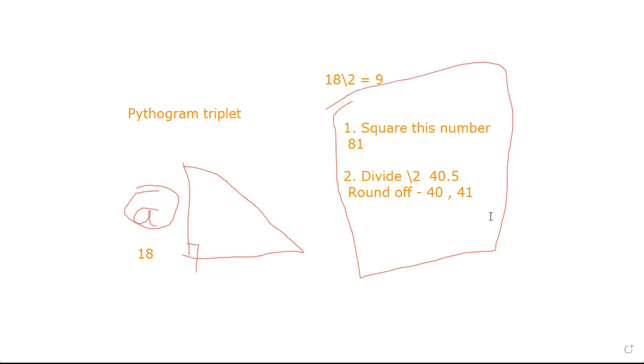The only thing is, when you get the answer, because you have divided by 2 here, the answers will have to be multiplied by 2. So now it becomes 80 and this becomes 82. Got it? Yeah.